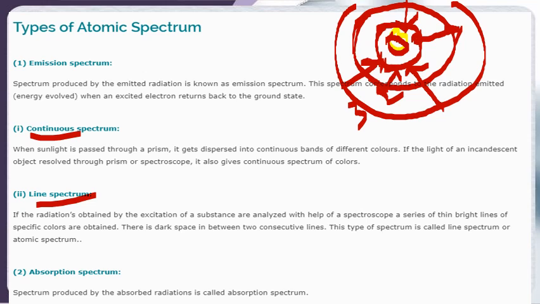It is not in a continuous manner, but in an interval manner, so that it will give you a line spectra instead of the continuous spectra. So the first aspect is that whenever atoms are considered, they will produce line spectra. They will not produce the continuous spectra.